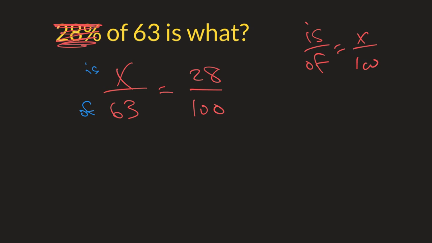Now, once we create the proportion, how do we solve a proportion? We cross multiply. I'm going to go here first. I'm going to go 100 times x, which is 100x, equals, guys, make sure you put an equal sign after that first product. We are not creating another fraction. We are creating a small equation.